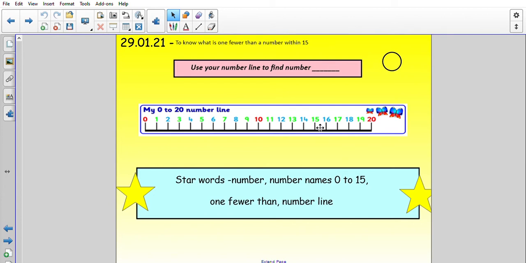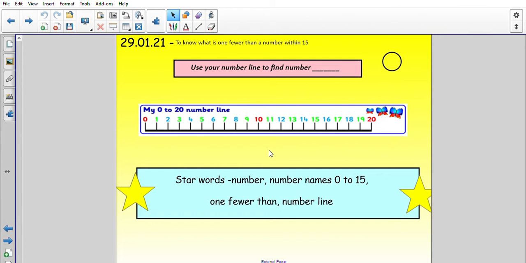Let's try 15, 14, 13, 12, 11, 10, 9, 8, 7, 6, 5, 4, 3, 2, 1, 0. Well done.